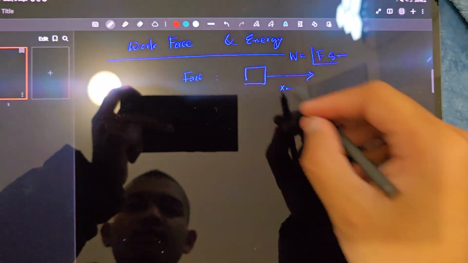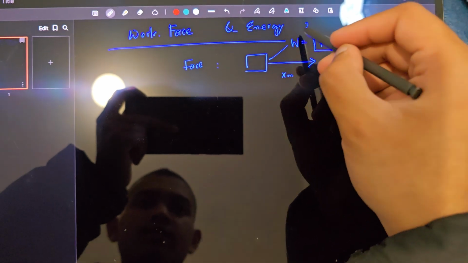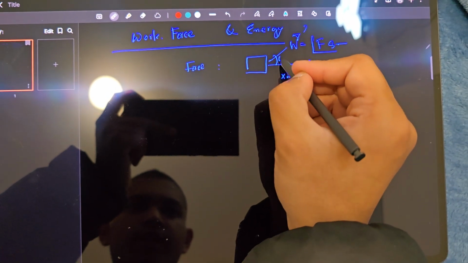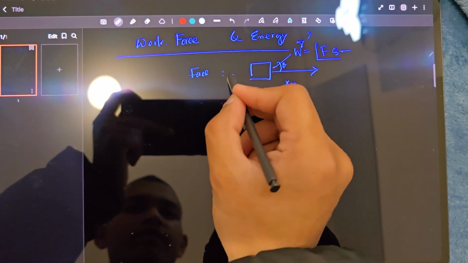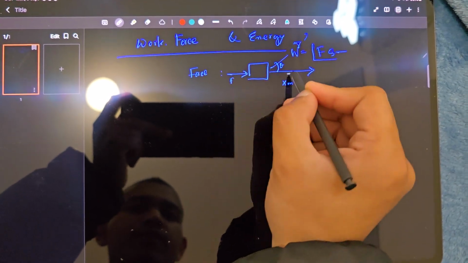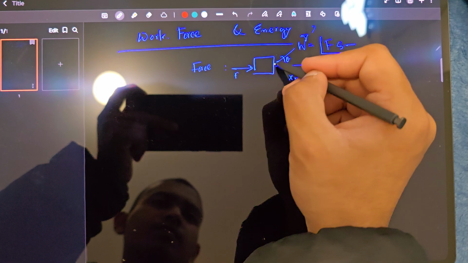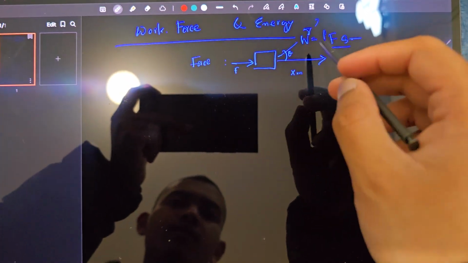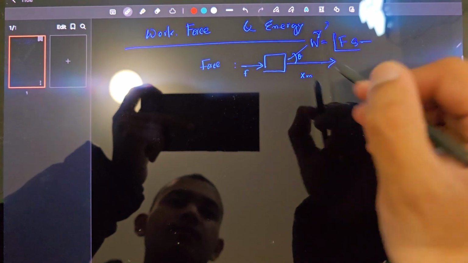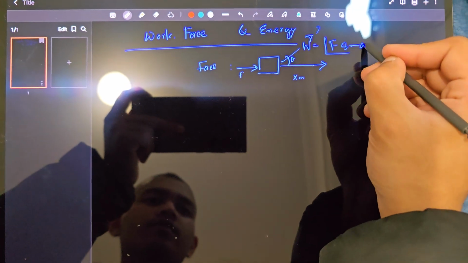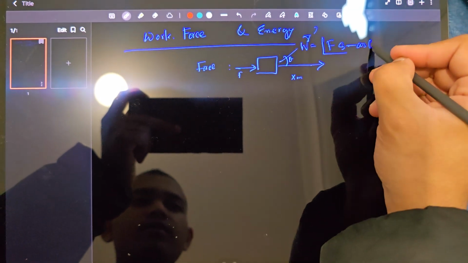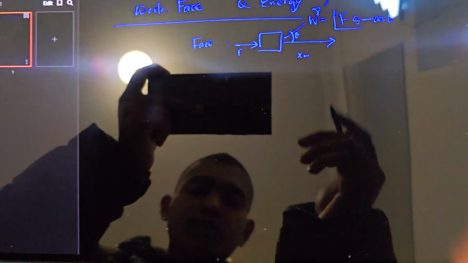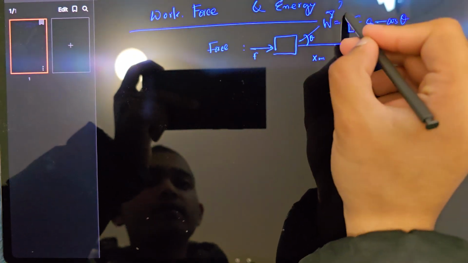If the force is applied at theta degrees from the x-axis and the object moves at an angle from the x-axis, then the equation gets a cos theta factor. Sine and cosine are pretty easy math, everyone has the basics of it.